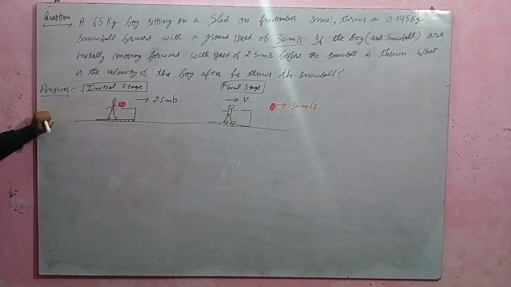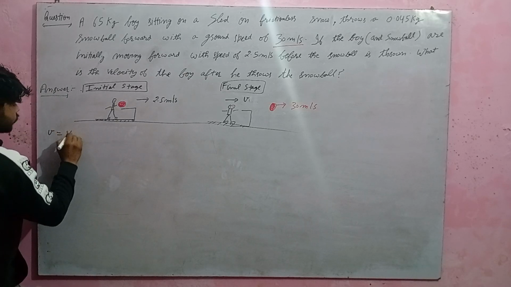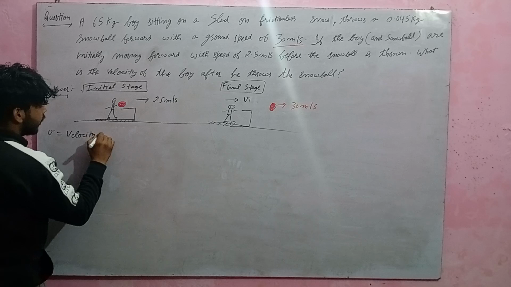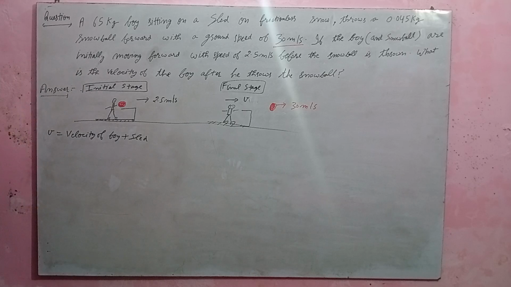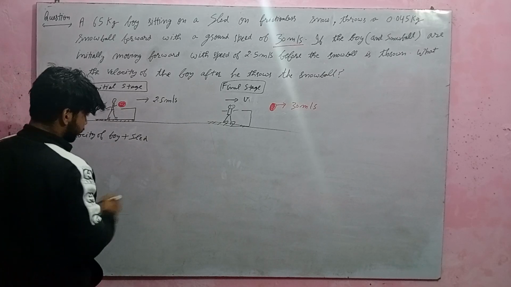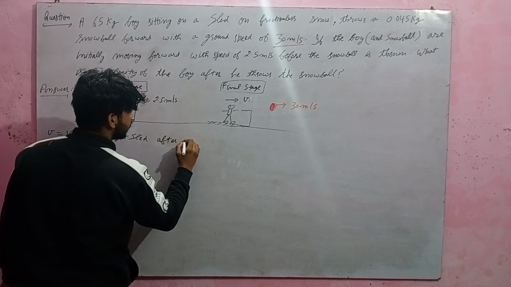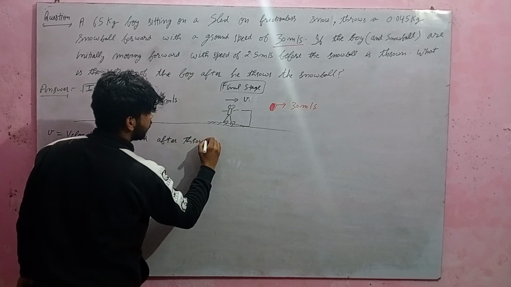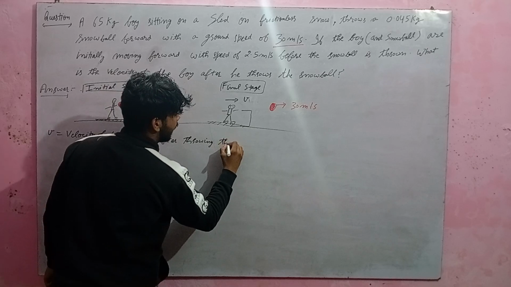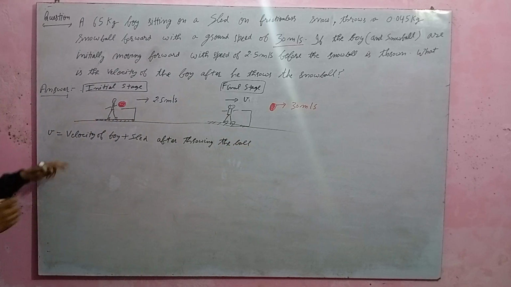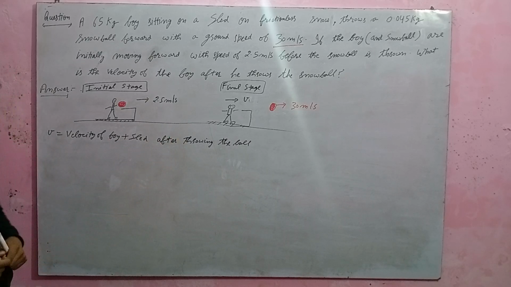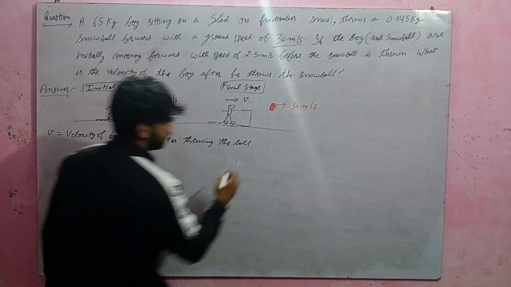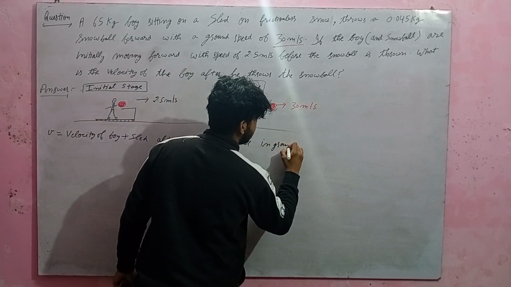So this is the question scenario. What is v here? v is equal to the velocity of boy plus sled after throwing the ball, with respect to the ground, in the ground frame.